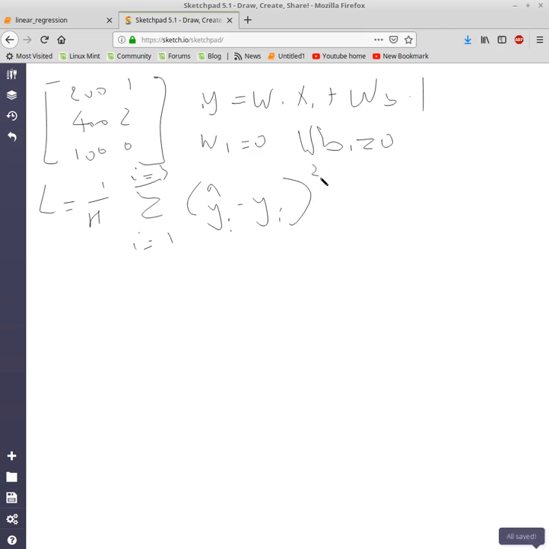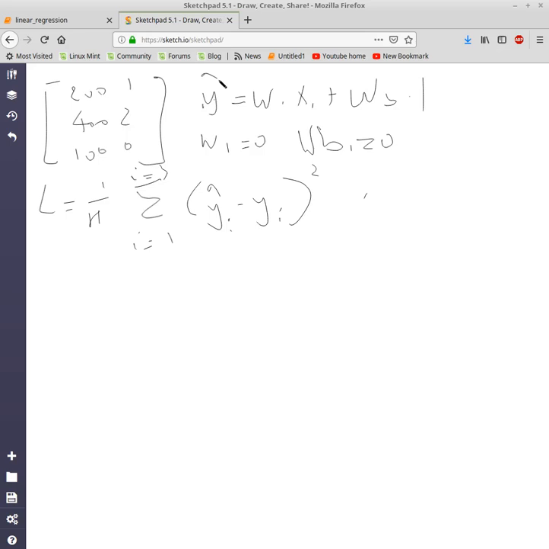This is the squared error loss, the mean squared error loss, where y hat is equal to W1 x1 plus WB times 1. This is the predicted equation. But now we have two parameters, W1 and WB.